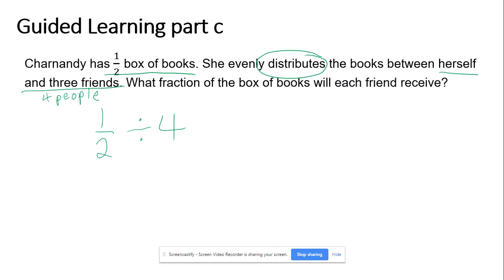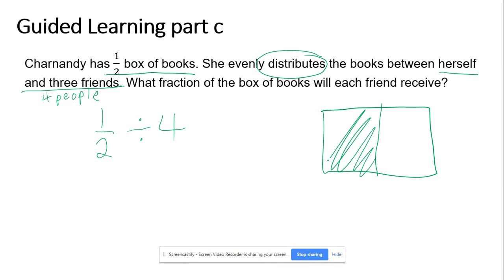Let's start by drawing that picture again. We're going to split this in half because her box is only half filled. Now we're splitting this between 4 people, so we're going to cut this 4 ways. This first one's going to be for Sharnandi. We'll do the next one for Xavier. The next one for Miss Spencer.